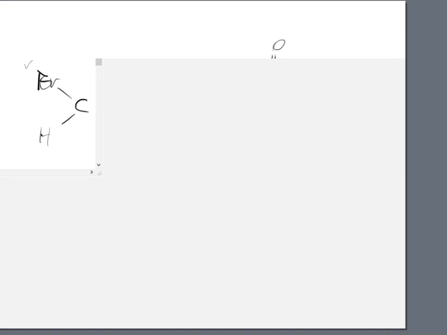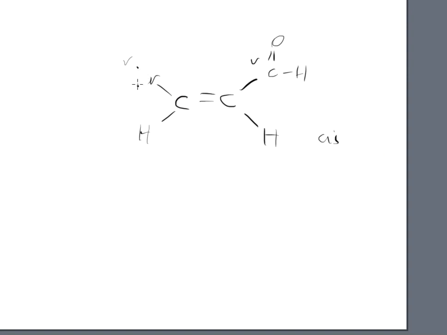However, if I go back to the original, and the other one, and I put my bromine there, this is high priority. That is still high priority. The hydrogens are on opposite sides. Therefore, this is a trans.